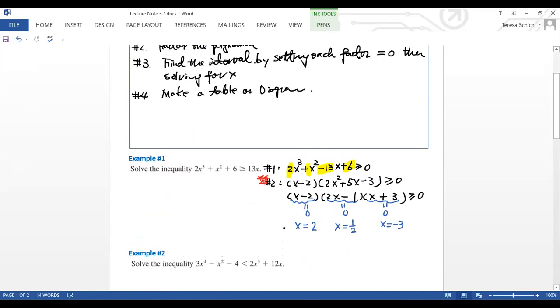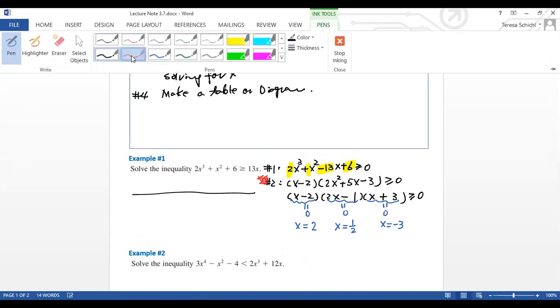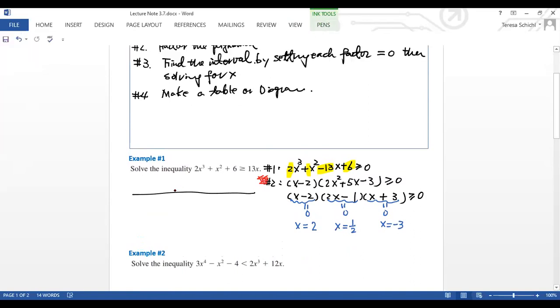Okay, so how do I make a table? I get these x values, right? So I will put the x values on the real number line. So let's see, x equals -3 here. So this is -3. Then the next one is 1/2.